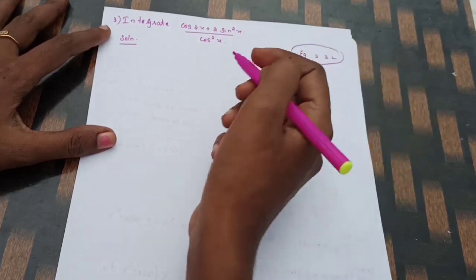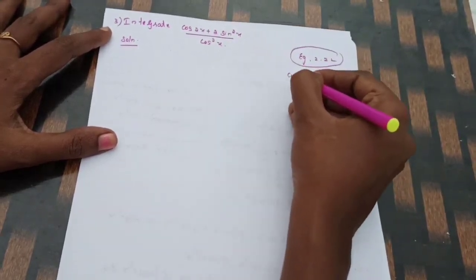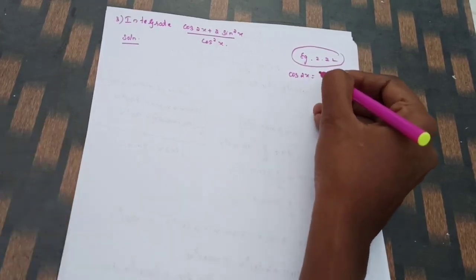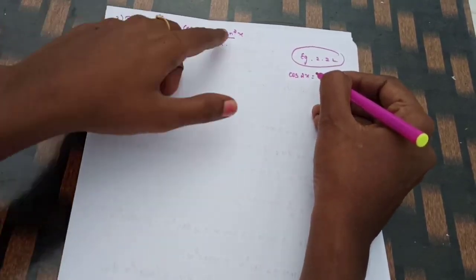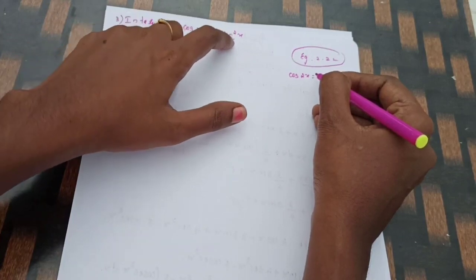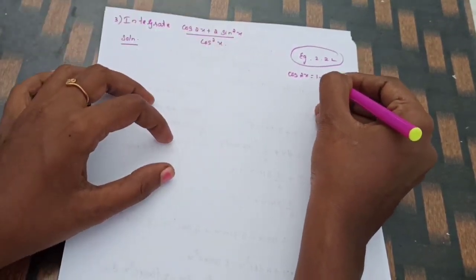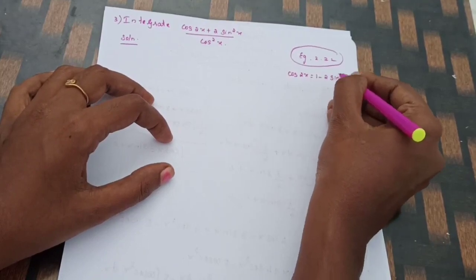Take and see, children, there I taught the formula for cos 2x. I gave 4 formulas there. So from that I need one formula here. Here a sin square term is there, so because of that I am taking the formula related to sin square. So 1 minus 2 sin square x.